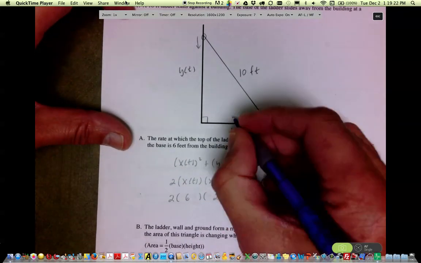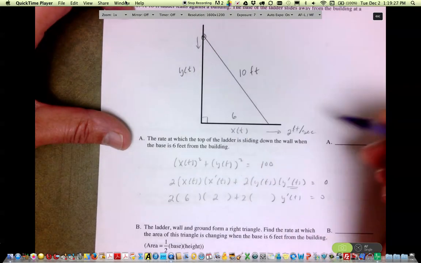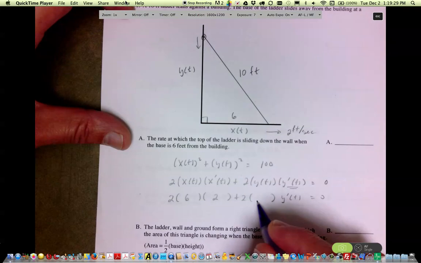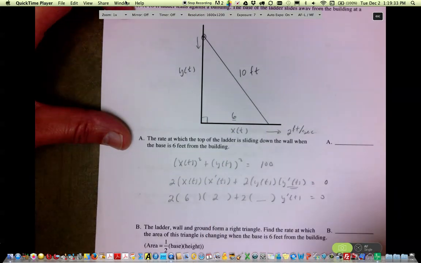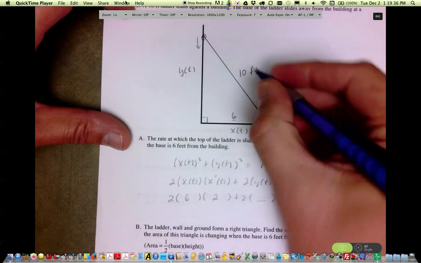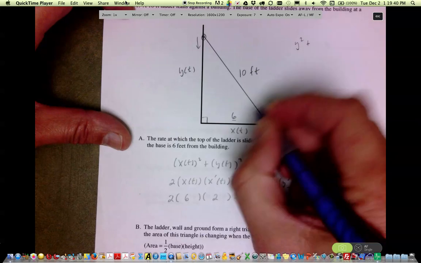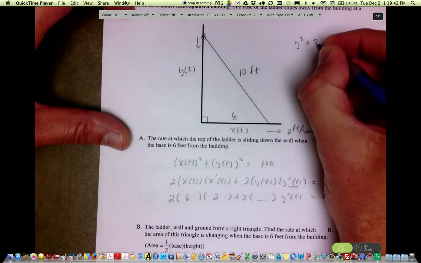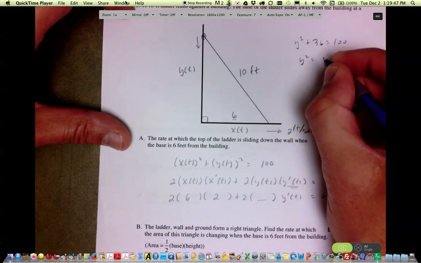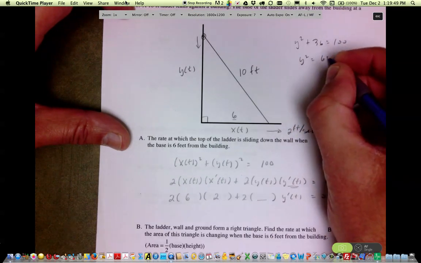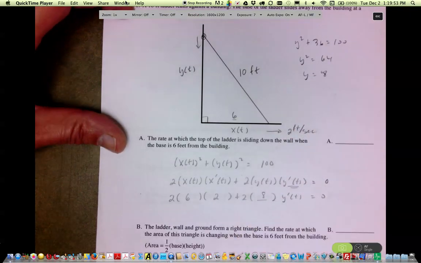Now what is y when x is 6? The Pythagorean theorem always has to hold, so y squared plus 6 squared equals 100. So y squared is 100 minus 36, which is 64, so y is 8.